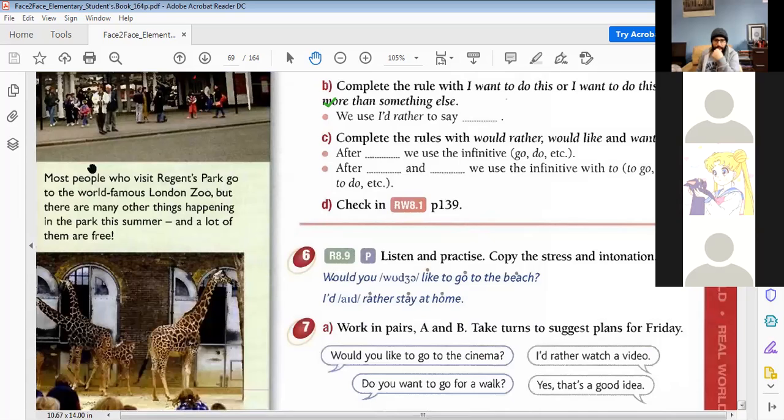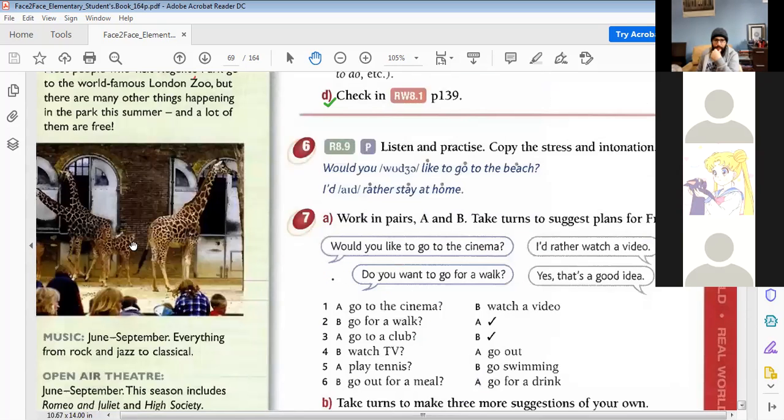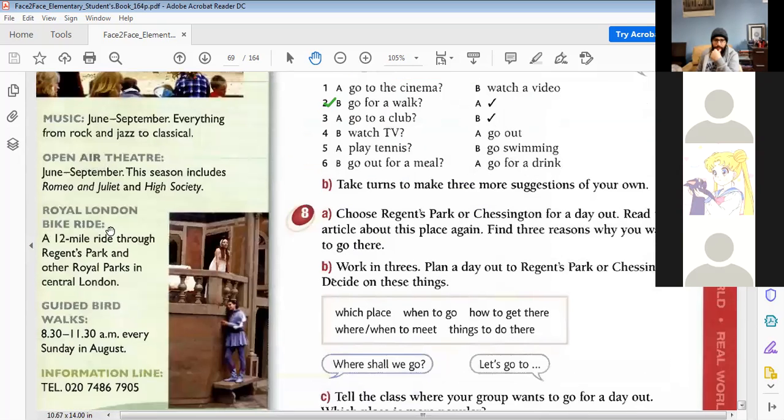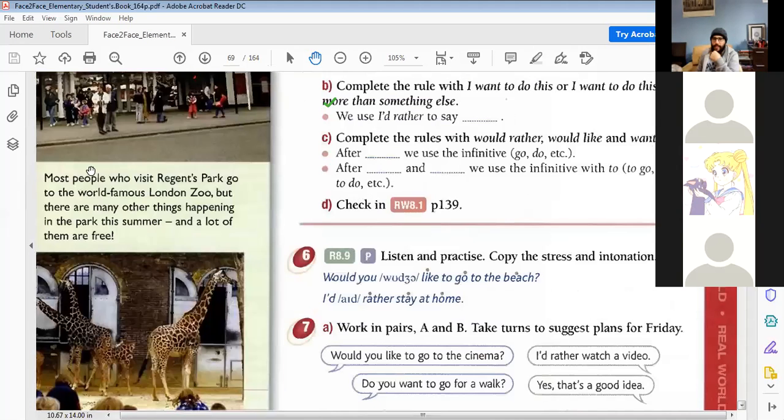All right, so take a look at this. Read this part, and when you are finished, just let me know so I can show you some of the things that you can do in Regent's Park, okay? But first of all, read this, please.